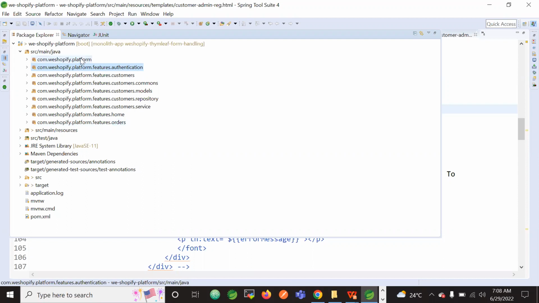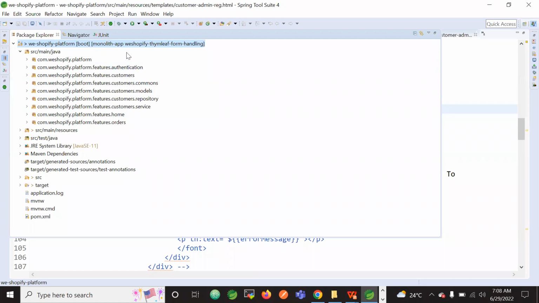All the modules and all these features are in a single application, correct? So this application is called a monolithic or monolith application.